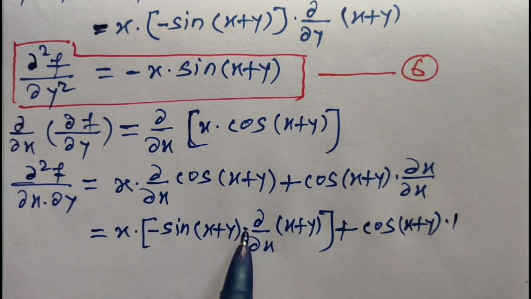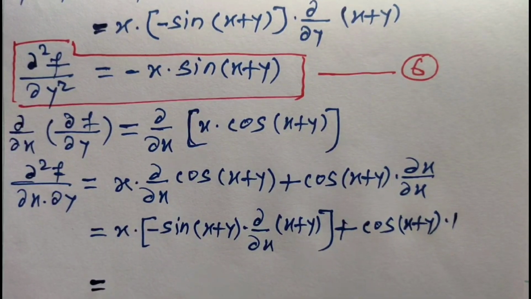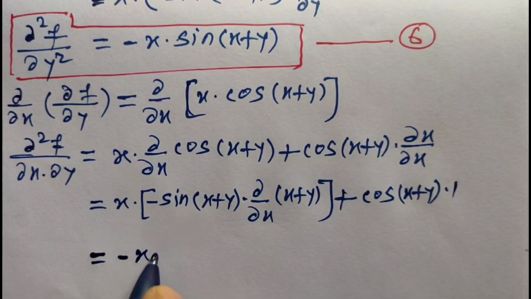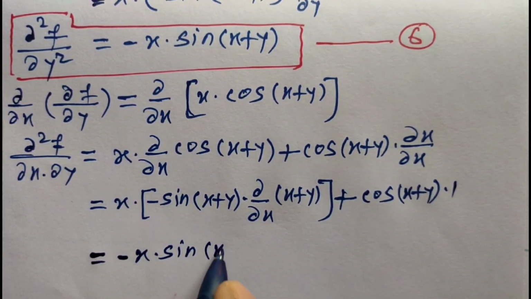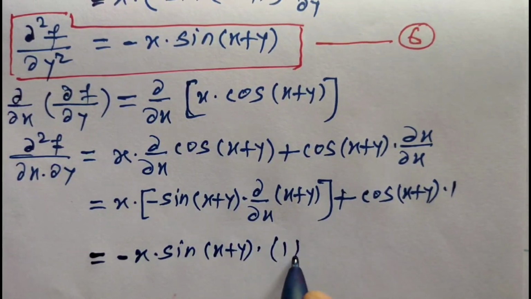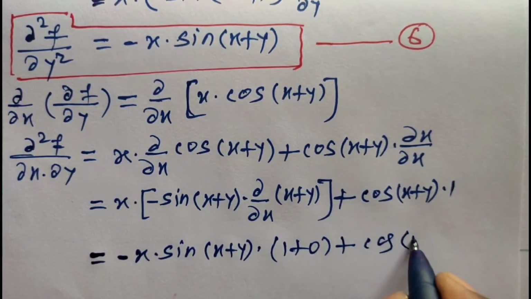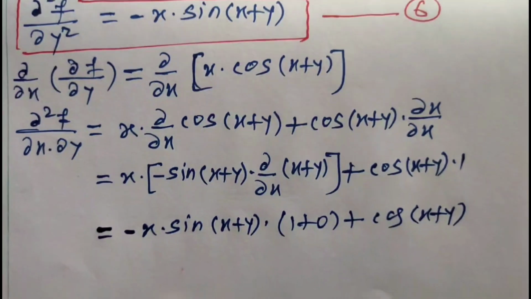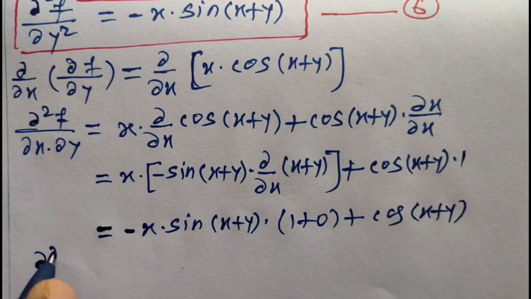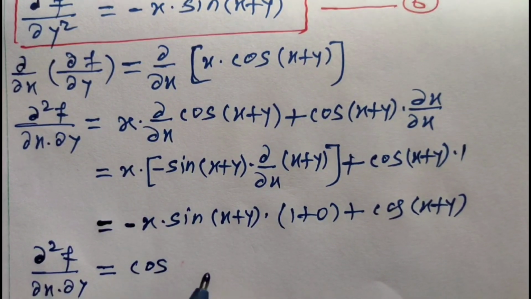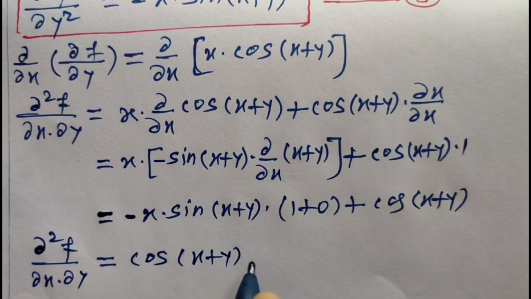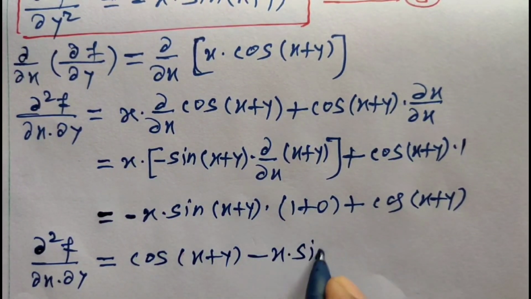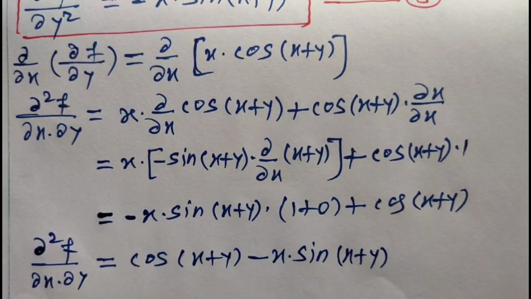So into 1, this is equal to minus x into sine of (x plus y) into 1 plus 0 plus cosine of (x plus y), and after simplification del 2f by del x del y is equal to cosine of (x plus y) minus x into sine of (x plus y). This is result number 7.